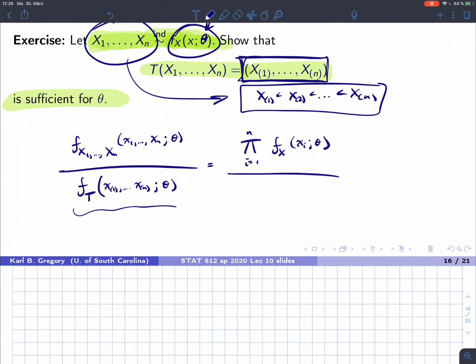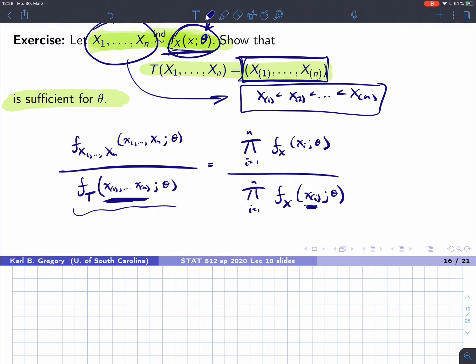It turns out we can show that the joint PDF of all the order statistics is also given by the product of the marginal PDFs, plugging in each of the order statistics.